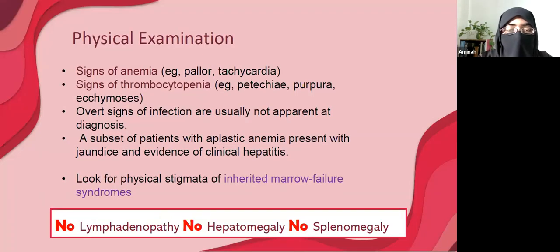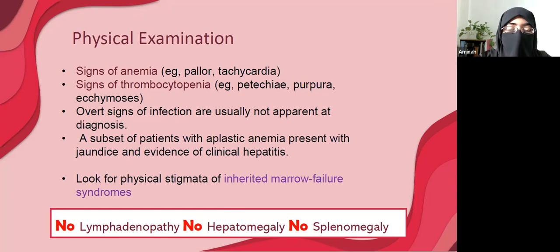So in physical examination also, you would be looking for signs of pancytopenia, that is signs of anemia, thrombocytopenia, and signs of infection. These are usually not apparent during diagnosis, but the patient can have fever or present with a history of recurrent infections.